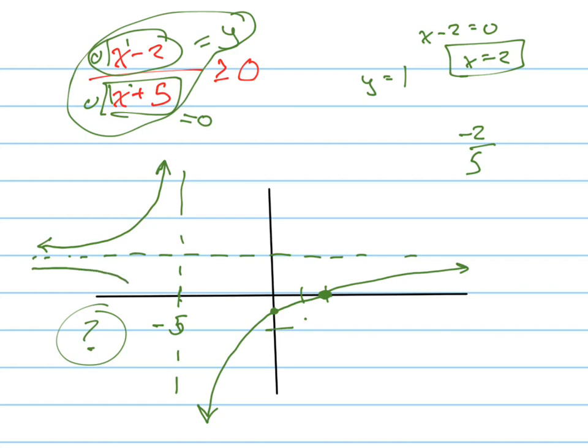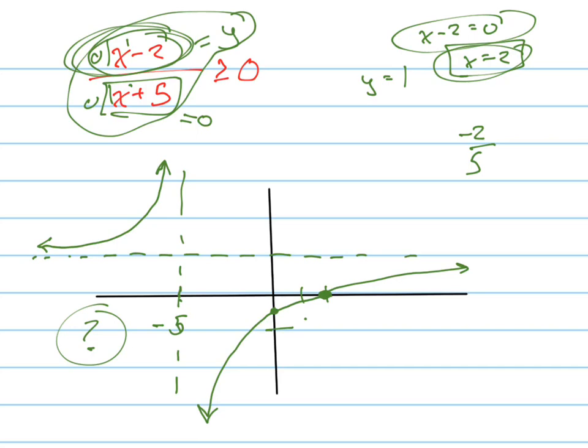Because if it was below, I'd have another x-intercept. But how many x-intercepts do I have? I only have one, because the numerator, x minus 2, is the only way you get x-intercepts, by setting the numerator equal to 0. Okay, so there's my graph.